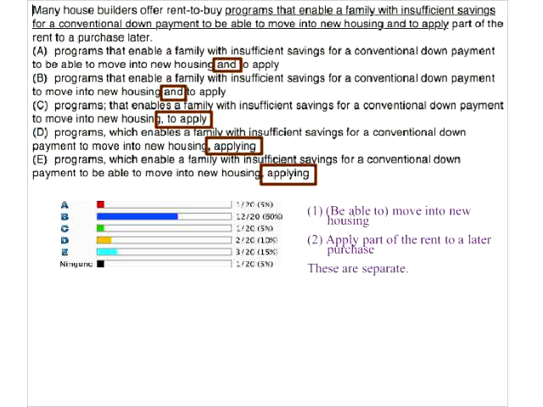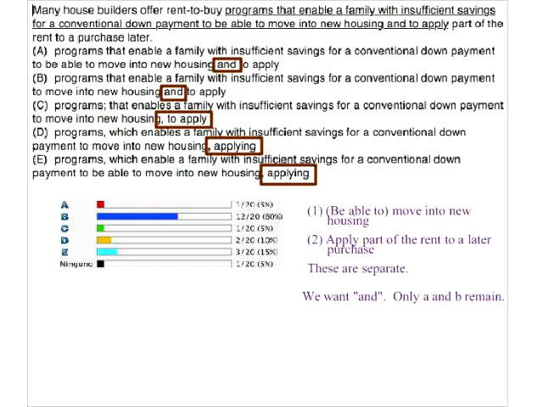These are not even related ideas, because one of them is about moving in, and one of them is about what they do with rent money. So these are separate. So if we realize that, then we know that we're looking at another situation that requires AND. So we want the AND, which leaves us with only A and B.